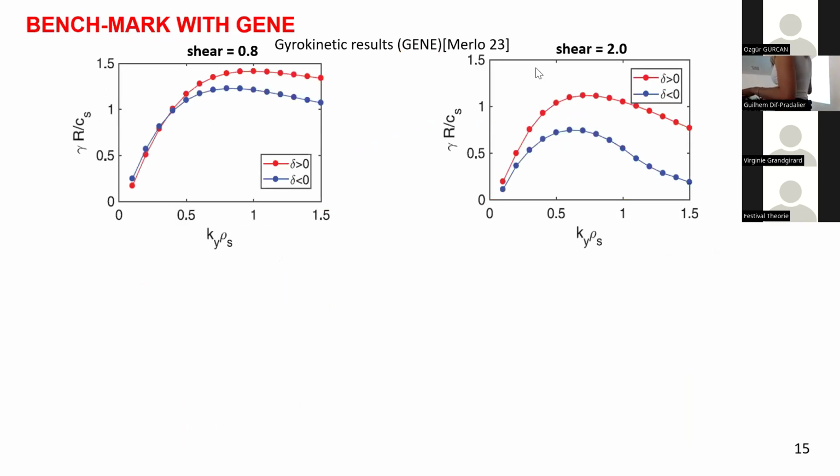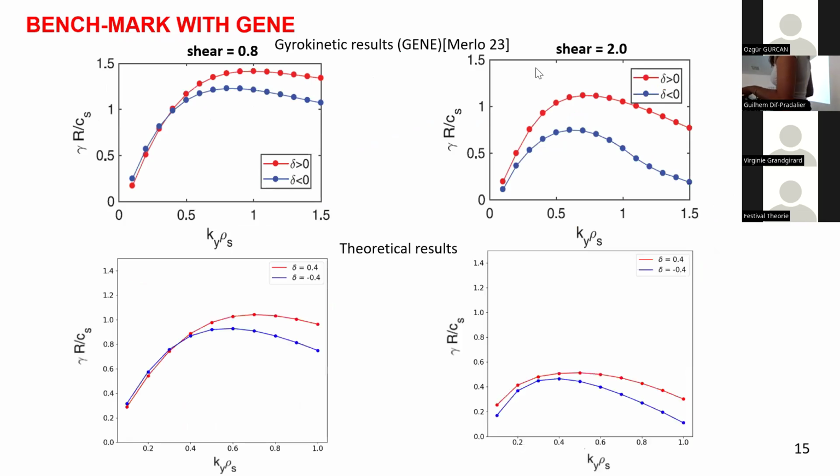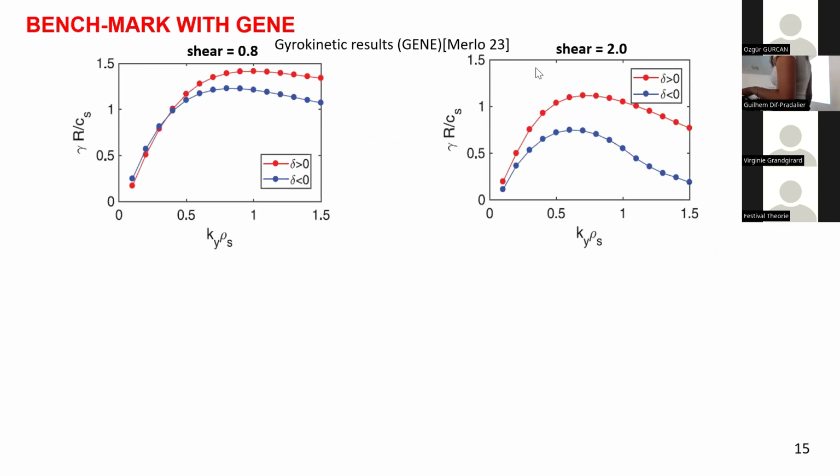In order to understand whether or not we included all the physics needed in the model, we benchmarked it with a well-established gyrokinetic local and linear code, which is called GENE. Here you see the growth rate of the instability as a function of the poloidal wave number, normalized with respect to the Larmor radius.